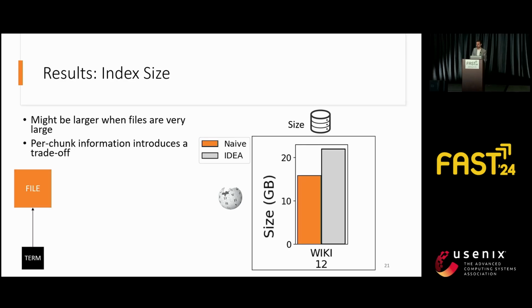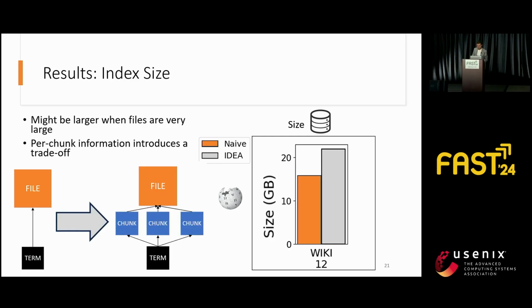But there is another case where pointing to the chunks instead of the files actually increases the index size. So in a case where a term points to a file, but this file is very large, it contains many chunks, and this term appears many times in that file. So what would happen is that this term is going to point to multiple chunks that it appears in, and each of these chunks are going to point to the file.